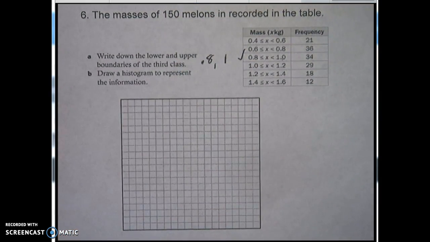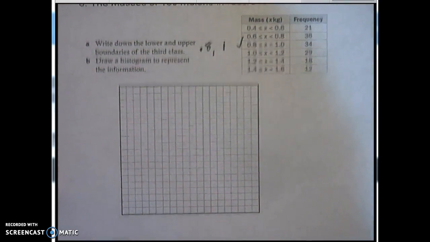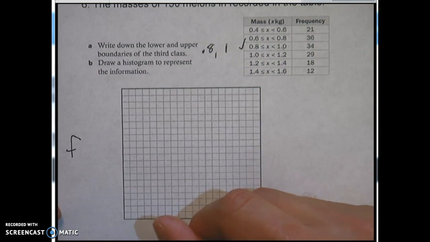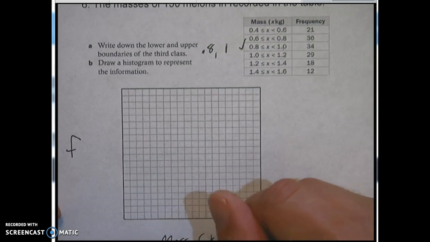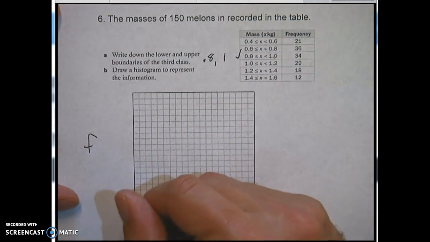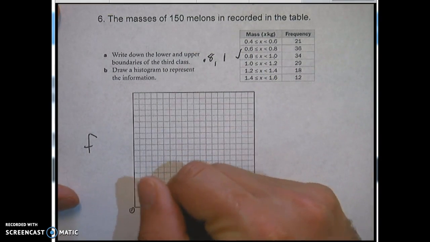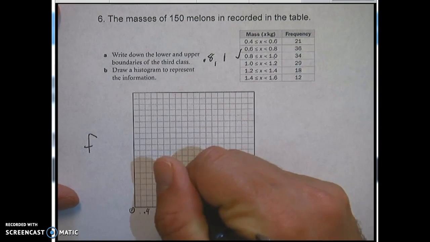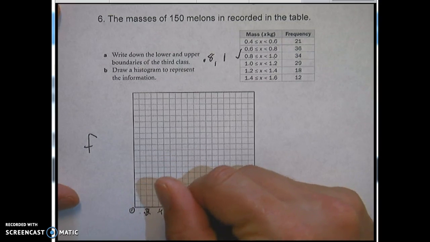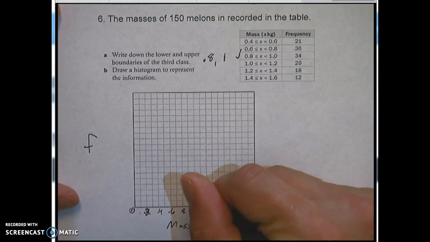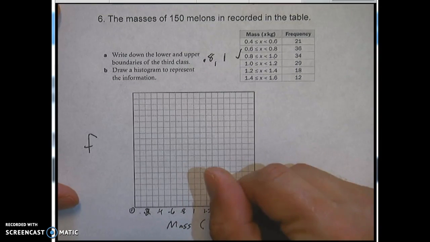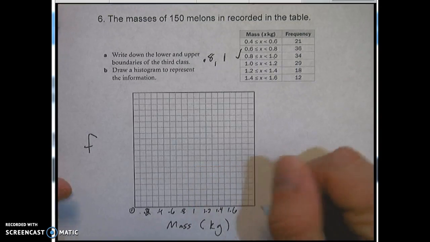To draw a histogram, you always got to start with some labels. I usually put the frequency over here on the left. Down here we've got our mass in kilograms. And I like to start at 0. We'll go 0.2, 0.4, 0.6, 0.8, 1, 1.2, 1.4, 1.6.